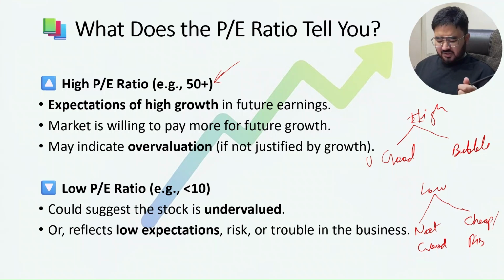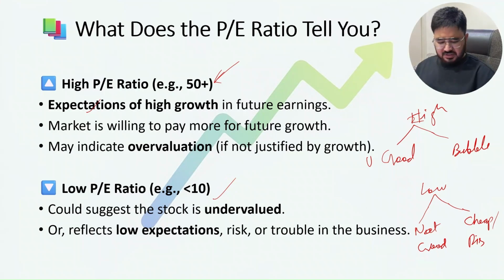Not doing good is that maybe the company is not doing as well as it used to, not in losses, because in losses the price to earnings cannot be calculated. And cheap is the company is doing really well, however, for some reason the people are not ready to pay that much. So we have done this and we have done this.